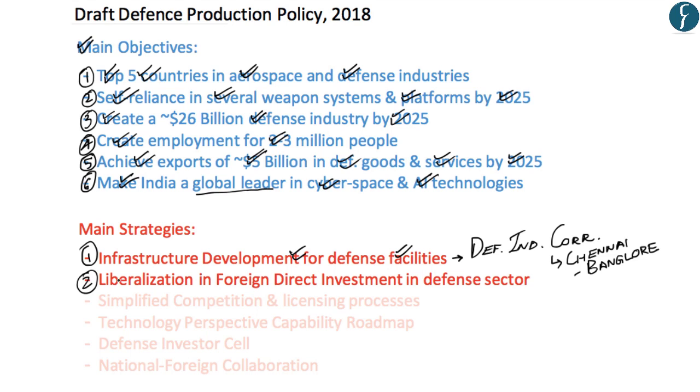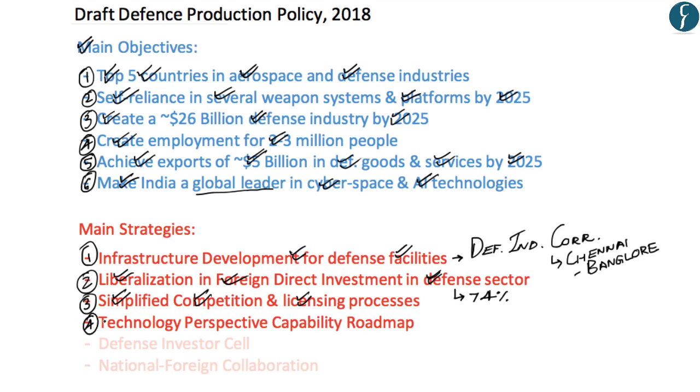Secondly, there would be liberalization in foreign direct investment in the defense sector, which has been quoted as being liberalized to 74% through the automatic route. The third point is that the Draft Defense Production Policy of 2018 intends to simplify through open competition and licensing processes, wherein it would end the monopoly of the ordnance factories in the production of defense equipment.